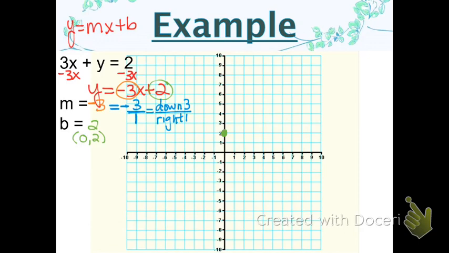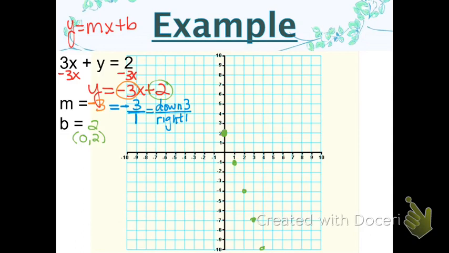So from the point that I already made with the intercept at (0, 2), I'm going to go down 3, right 1, down 3, right 1, down 3, right 1. And then remember, you can also do the opposite direction.